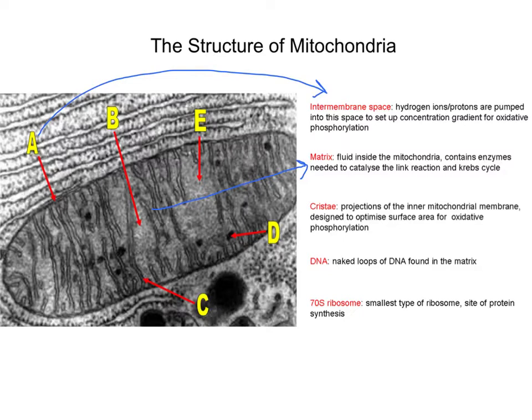Let's think about the cristae. Now, the cristae is what I've labelled here as C. The cristae are little projections of the inner mitochondrial membrane. Because if we think, now in textbooks on the internet, and even on my videos, I've sketched the mitochondria a bit like this.